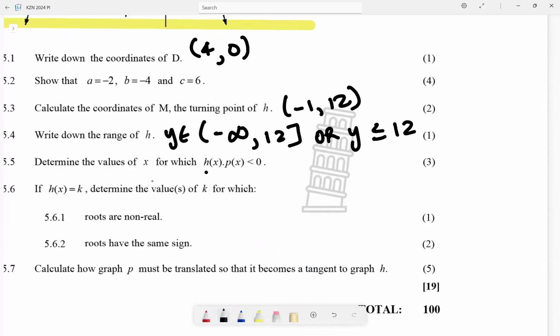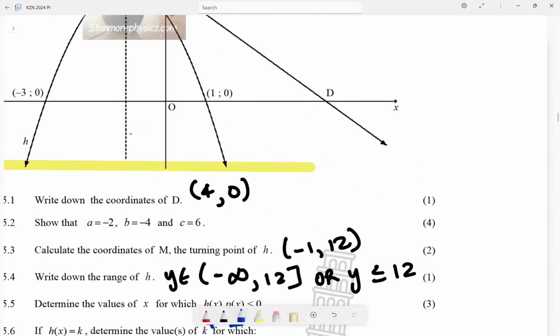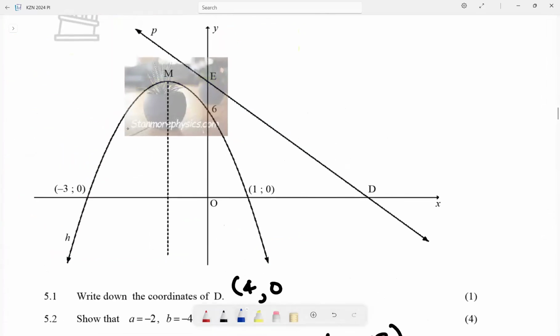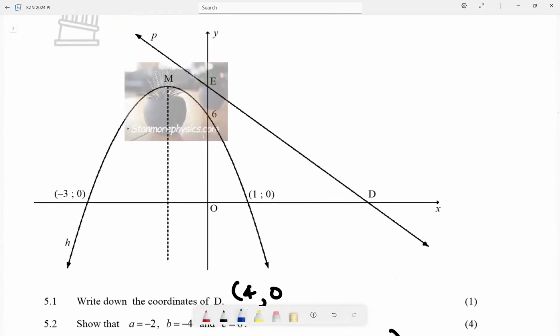So it's either this one is negative and this one is positive, or this one is positive and this one is negative. Now let's look where h of x is negative. H of x is negative here and here, okay?